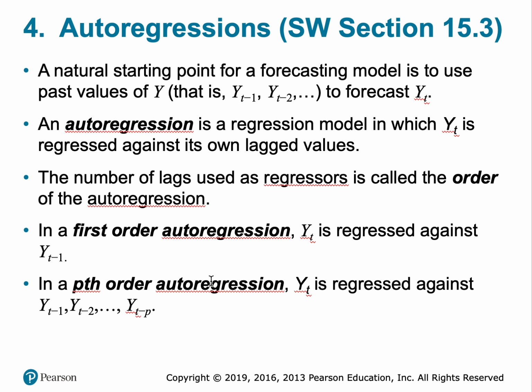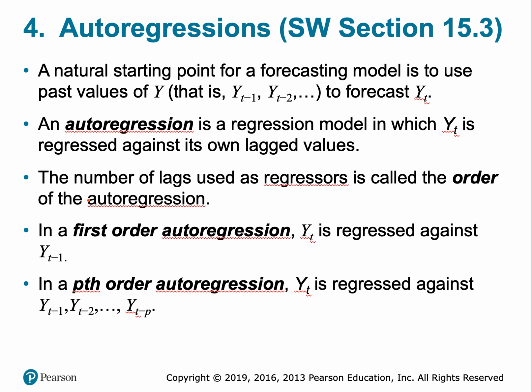An autoregression is a regression model in which the value of yt is regressed against its own lag values. So yt minus 1, yt minus 2. So the current value is regressed against the past values.